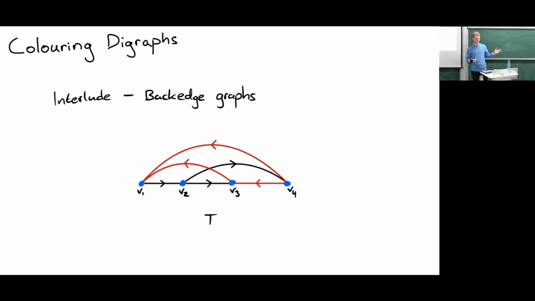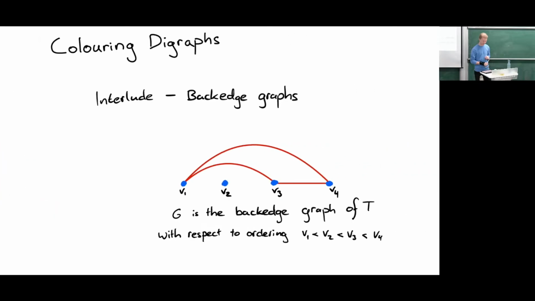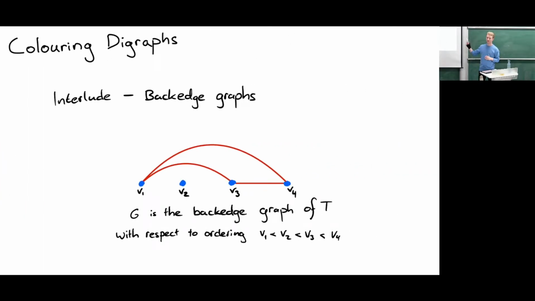Edges that go from left to right we call forward edges, and the ones going backwards we call backward edges. Now we can look at the undirected graph given by just the backward edges. If we fix the ordering of the tournament, this is exactly equivalent to the tournament. It's an equivalent representation because all the edges that are missing in this graph would go forwards in the tournament.